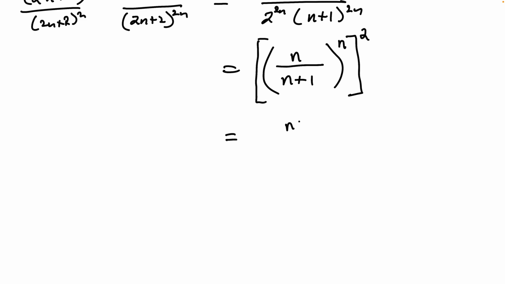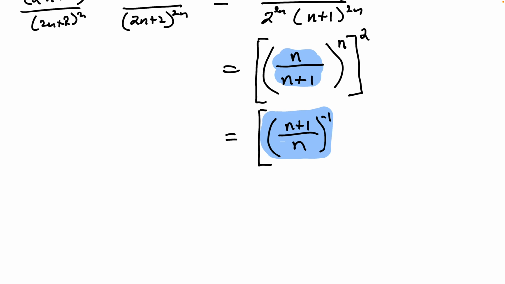When you take the denominator and write it as the numerator, write it as the denominator, you have computed the reciprocal. So this guy is equivalent to all of this. Now we copy over the power n, copy over the power 2. Power n followed by power 2. And for the same reason, we're able to bring that -1 out, all the way out, and attach it to the 2.